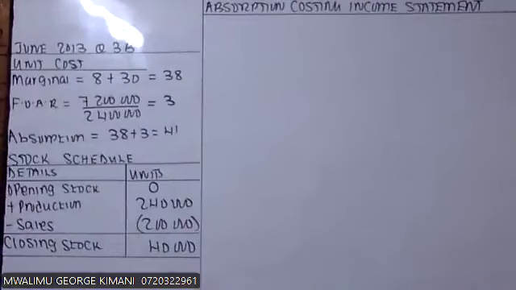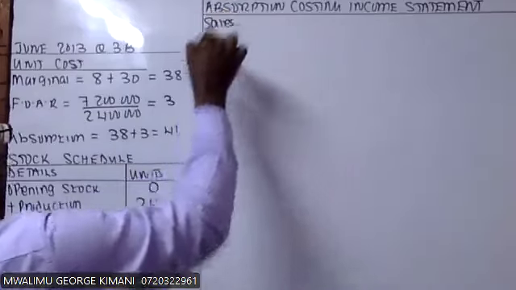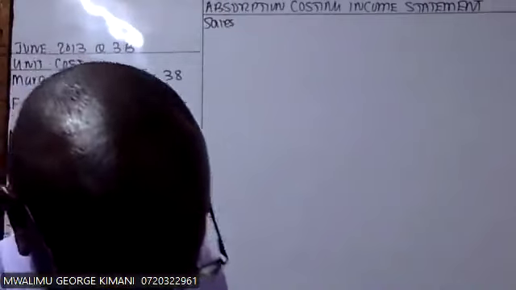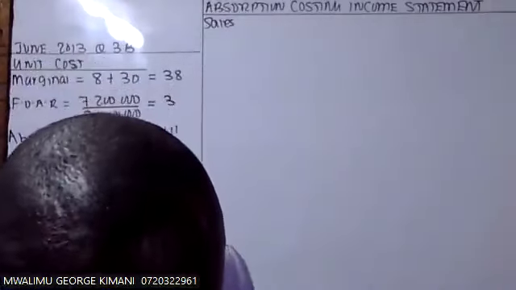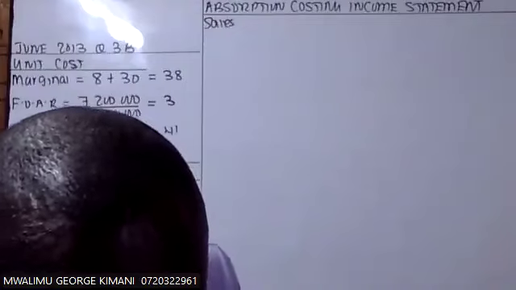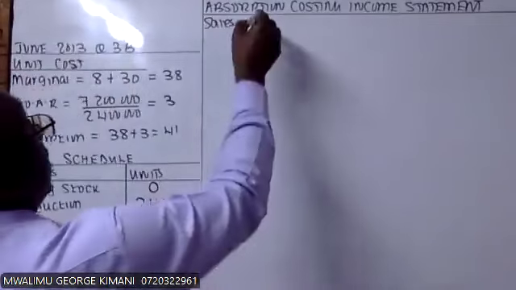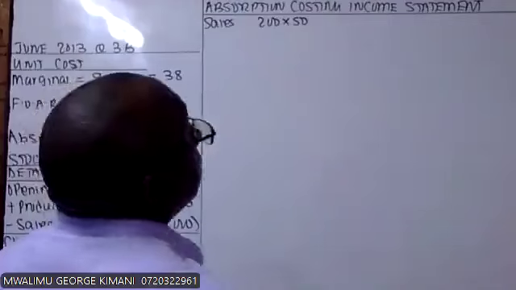As usual, we begin with sales. And our figures, we can work with them being in thousands. So the selling price, according to information 5, is 50. So you take these 200 times 50.